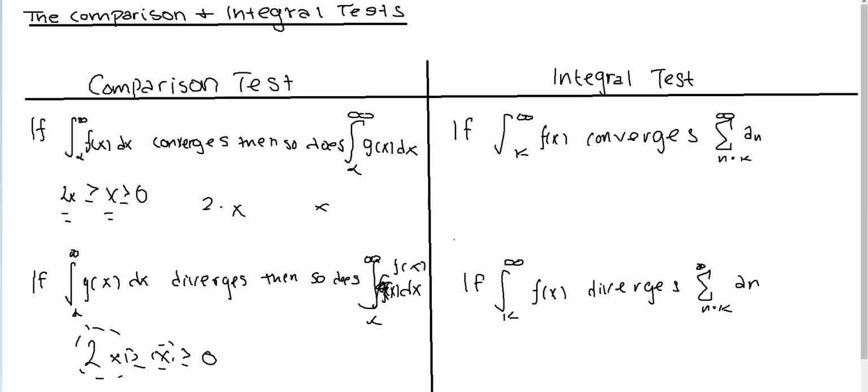We'll have x squared, and our sum is the sum from n equals k to infinity of x squared. If the integral of that function converges, then that same series is going to converge.